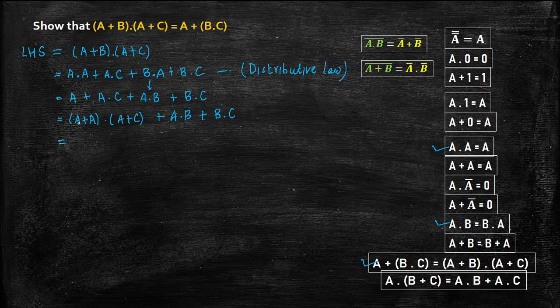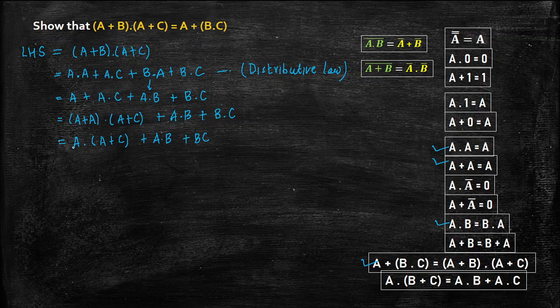So now you will get A plus A, answer is A, right? How? This law, A plus A is equal to A dot, now A plus C, plus A plus B, plus B plus C. The two terms remain as they are.